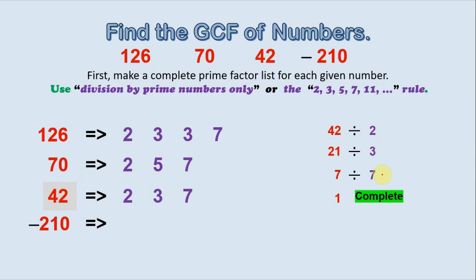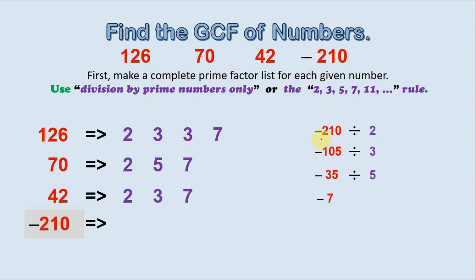Consider the last number, negative 210. Negative 210 divided by prime divisor 2 is negative 105. Negative 105 divided by next possible divisor 3 is negative 35. Negative 35 divided by prime divisor 5 is negative 7.